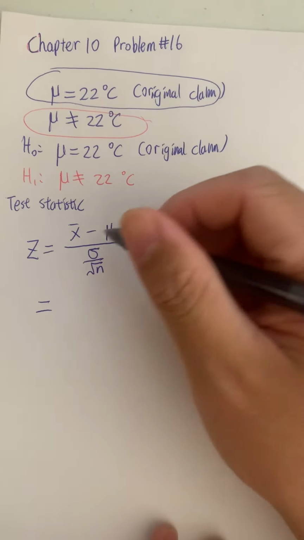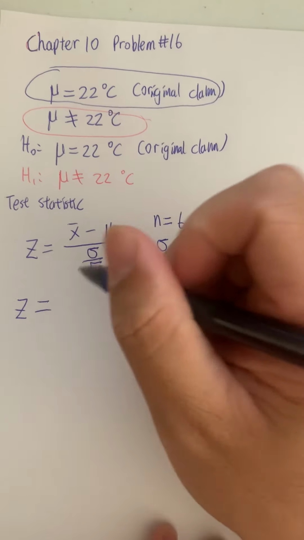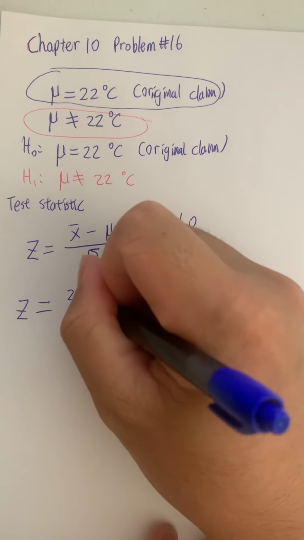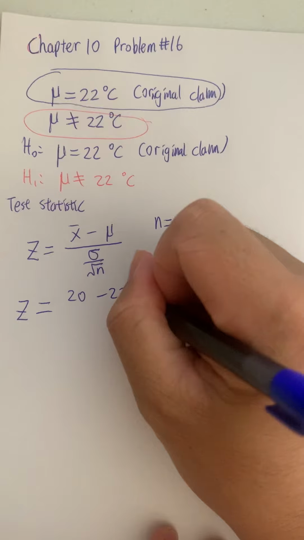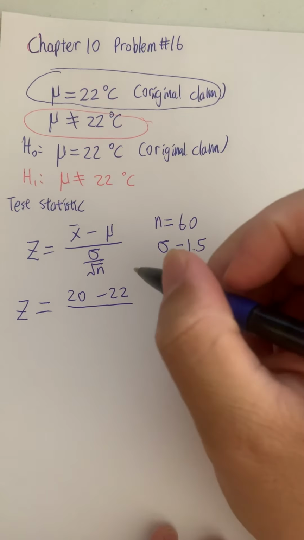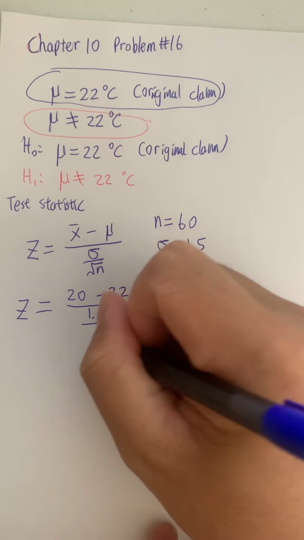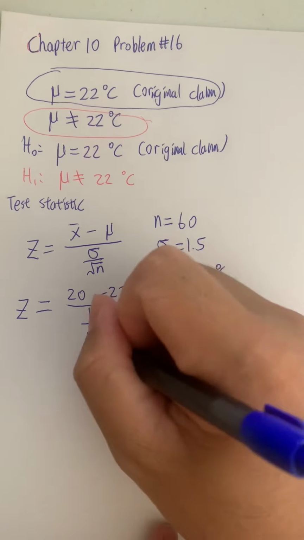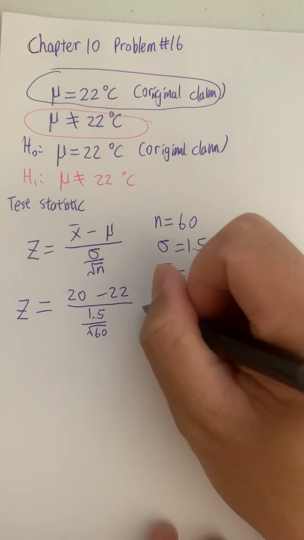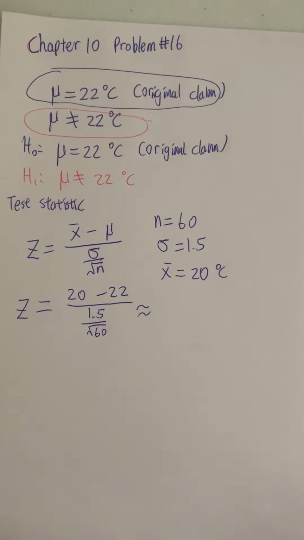So putting in this formula: 20 minus 22 over 1.5 over square root of 60. We can calculate and see what we have.